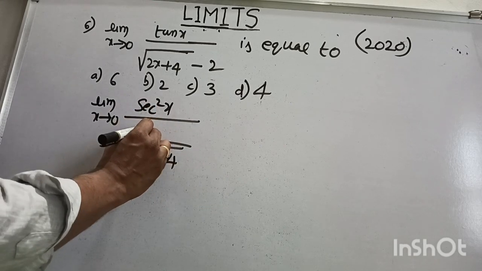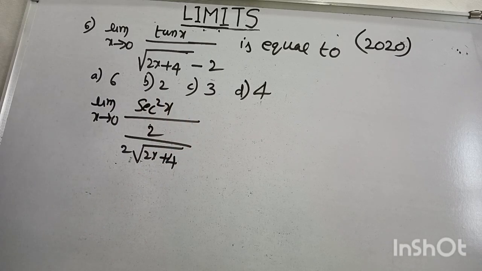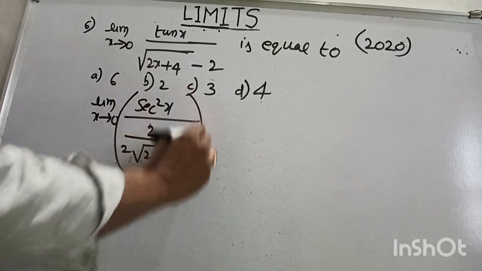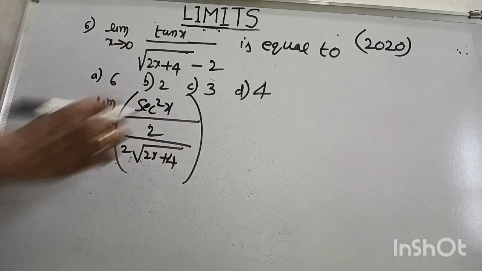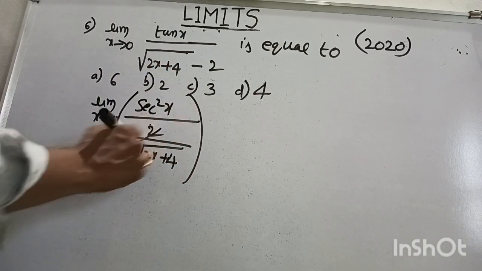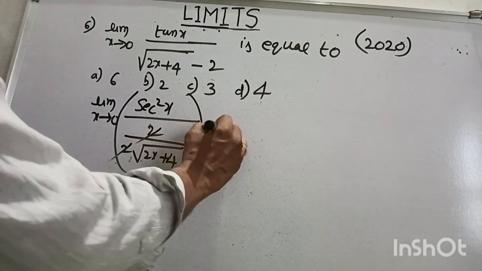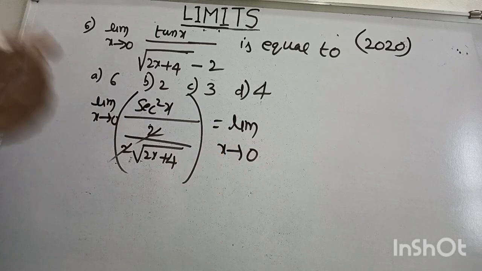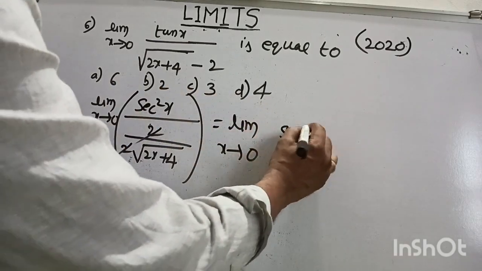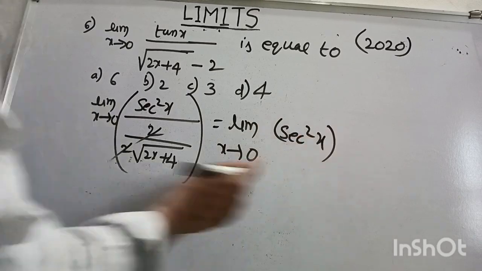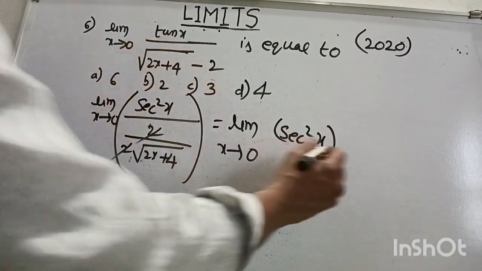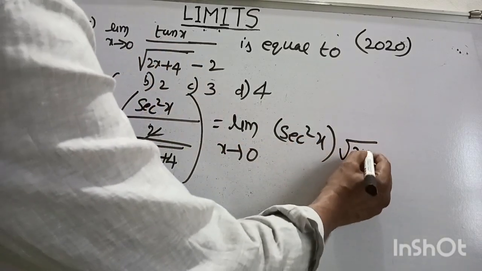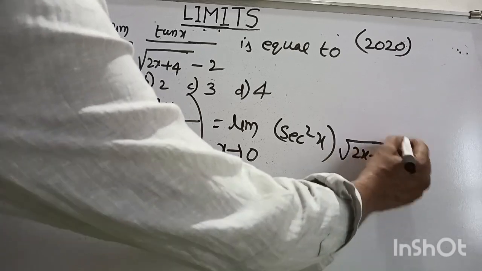So write 2 in the numerator, since the derivative of 2x plus 4 is 2. This is the derivative of the numerator over the derivative of the denominator. The 2 gets cancelled. Limit x tends to 0, secant square x into root of 2x plus 4, as this term comes to the numerator.